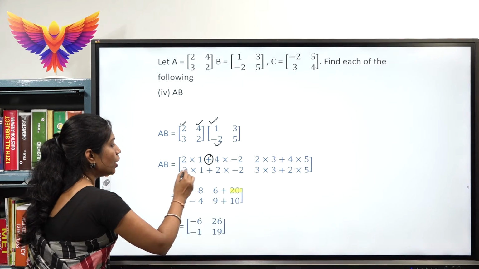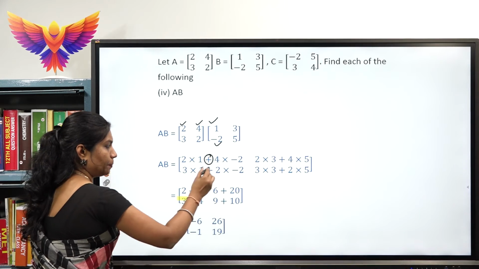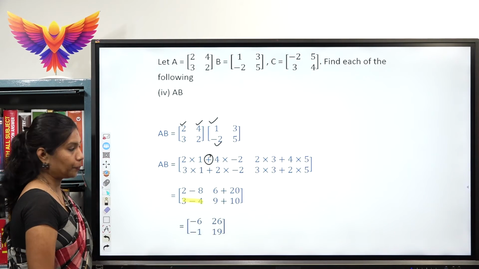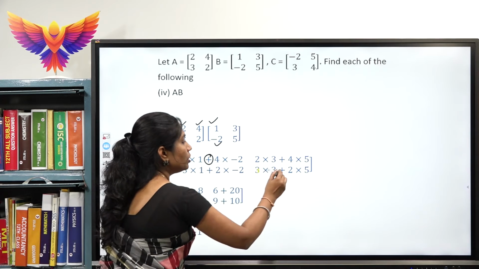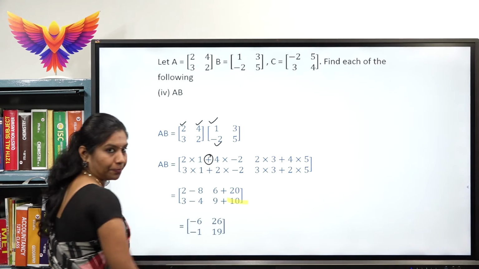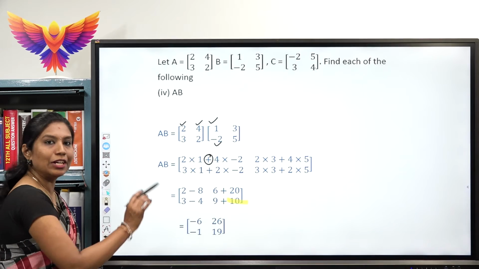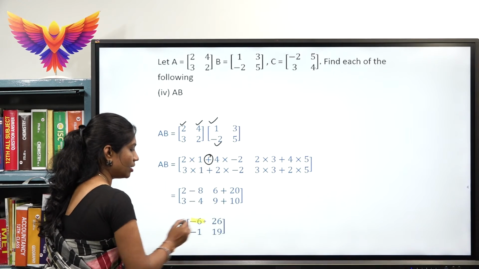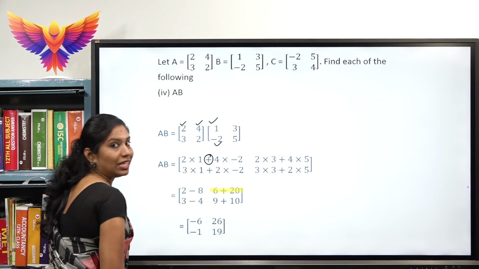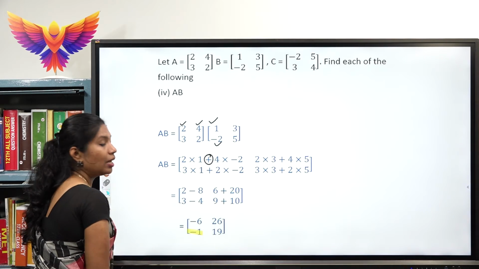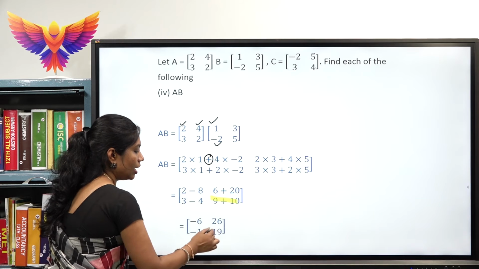Similarly, 3 into 1 is 3 plus 2 into minus 2 which is minus 4. Same way, 3 into 3 is 9 and 2 into 5 is 10. This needs to be simplified further: 2 minus 8 is minus 6, 6 plus 20 is 26, 3 minus 4 is minus 1, and 9 plus 10 is 19.